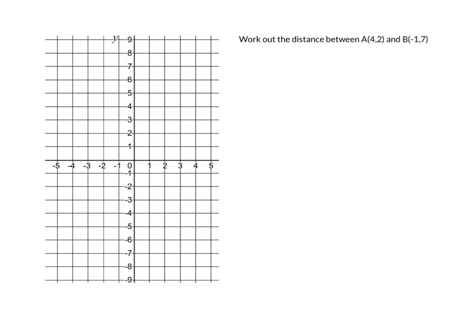So remember, where's 4, 2? Let's have a look. So 4, 2's there, and that's A. B is -1, 7, so B is up there. Okay, and then we've got a straight line here. Oops, well, it would be straight if I drew it straight.